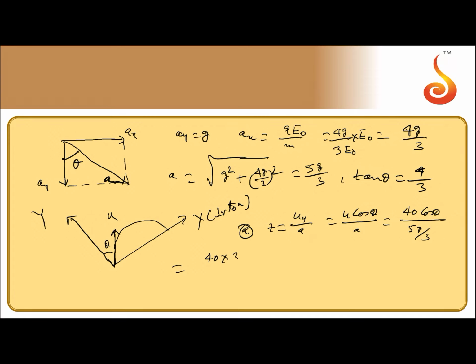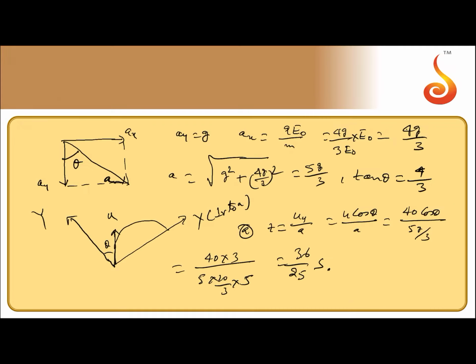So this is 40 into 3, 5 into 10 by 3 into 5, so 36 by 25 second. At this time, velocity is minimum.